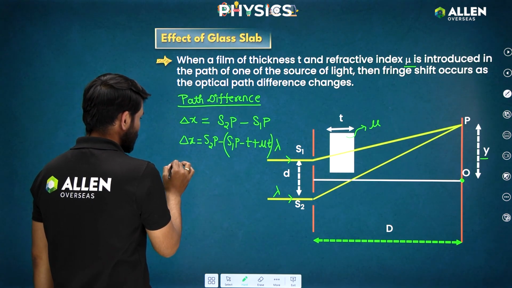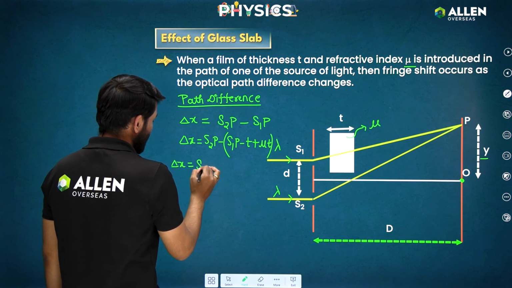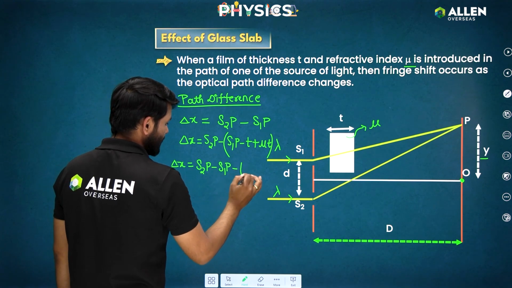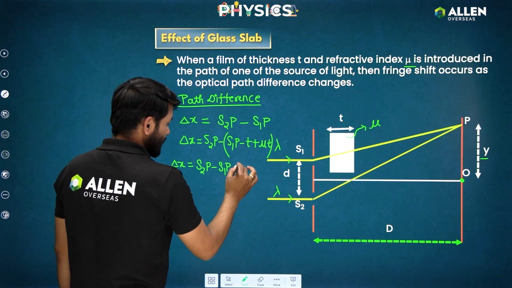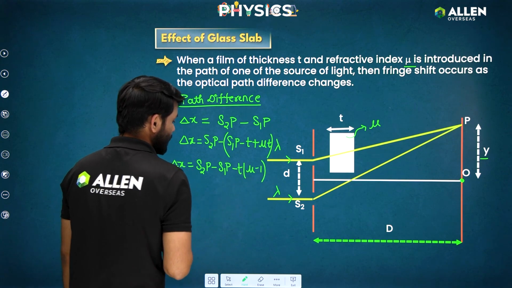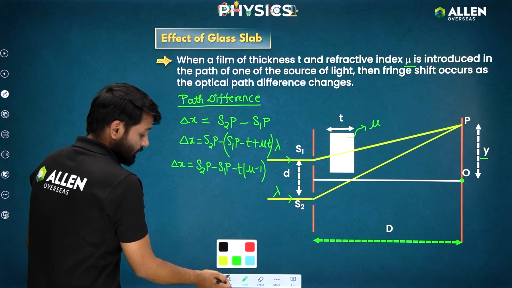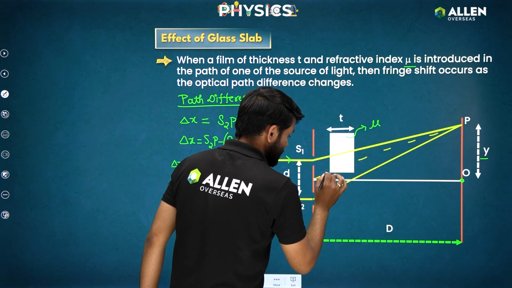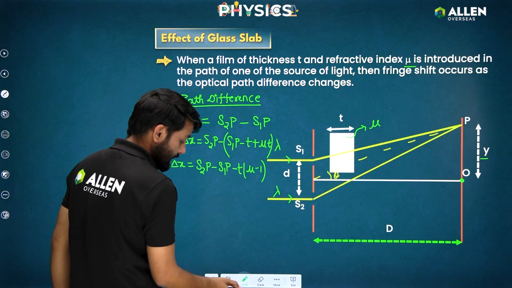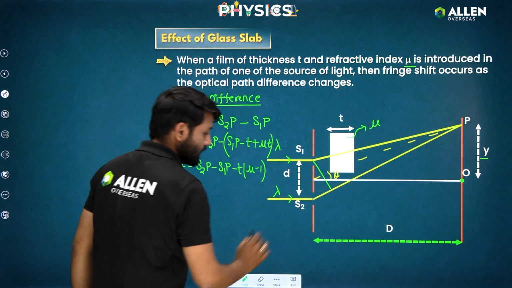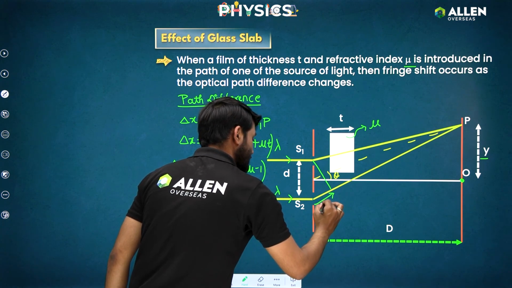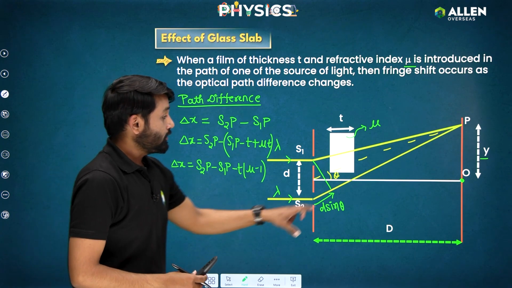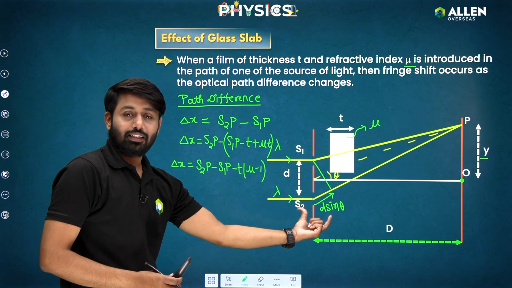When we solve this, delta x is equal to S2P minus S1P, minus t, I am taking common, so (mu minus 1), right students? If this angle is theta, and we draw a perpendicular on this, then you know that this is d sine theta, and in the air S2P minus S1P is d sine theta, right students?